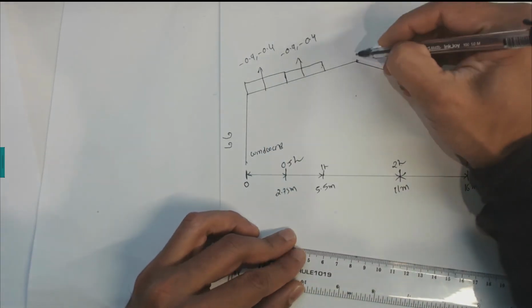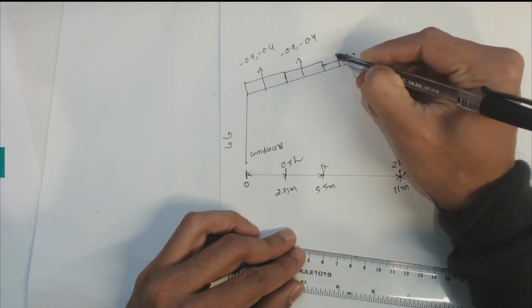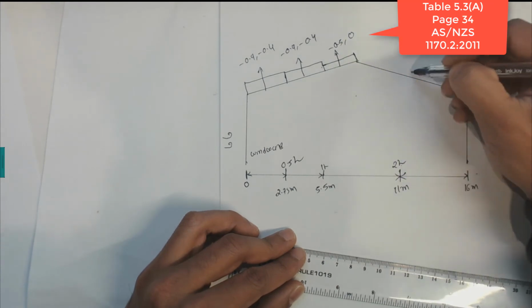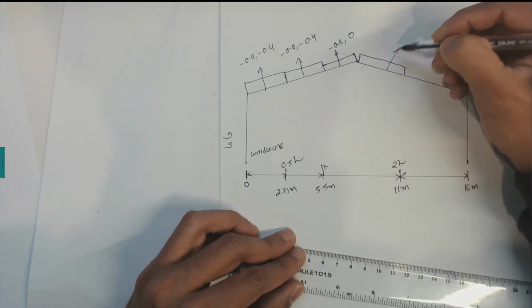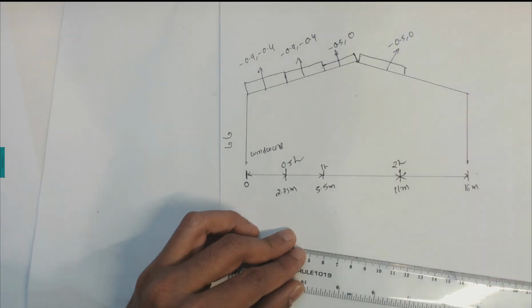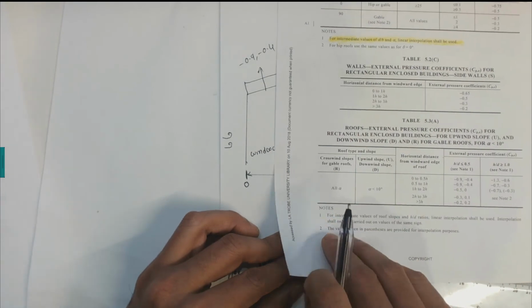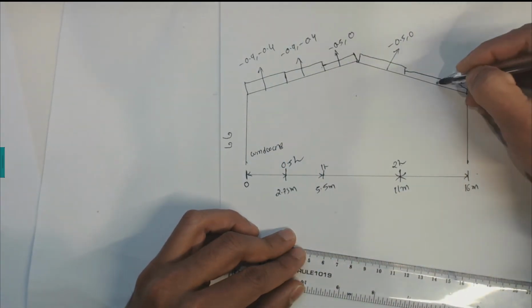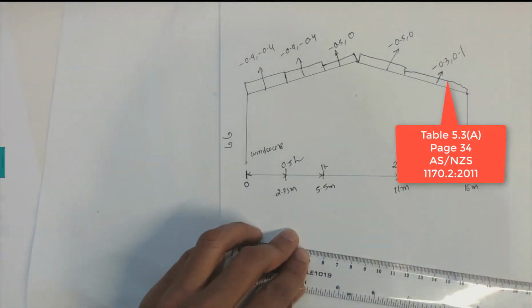So the third section is here, and it is a little bit smaller, minus 0.5 to 0, and it stops here. The last one, 2h to 3h, is minus 0.3 to 0.1. So that is the case for the roof.